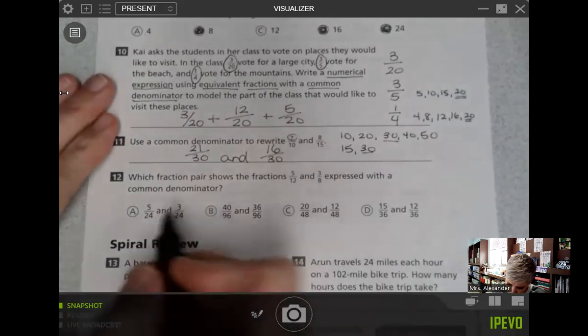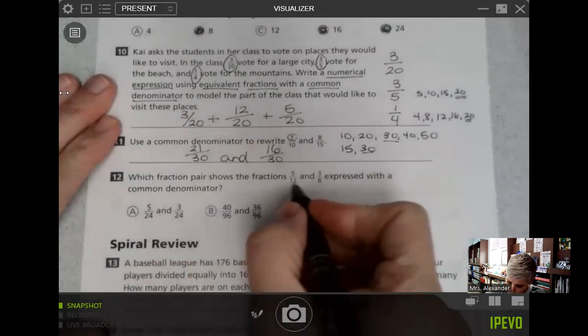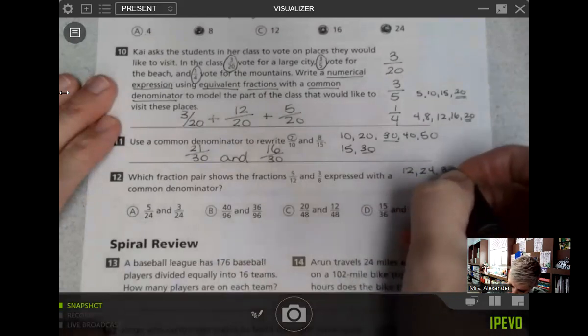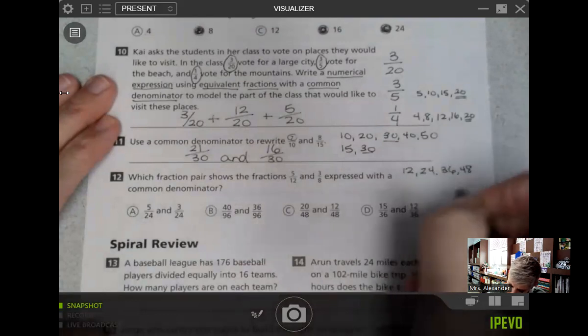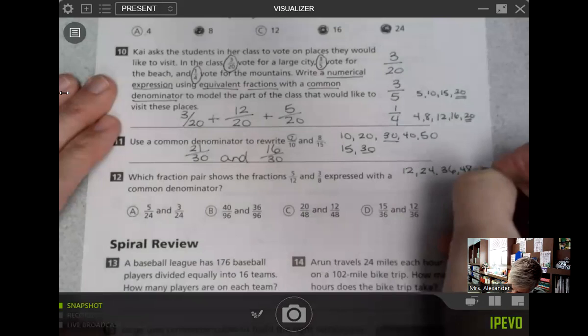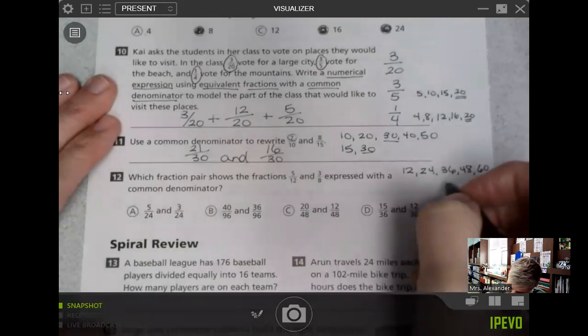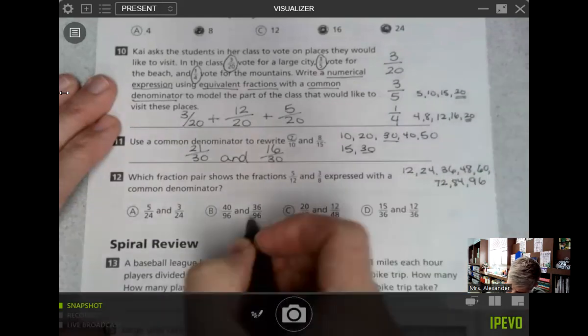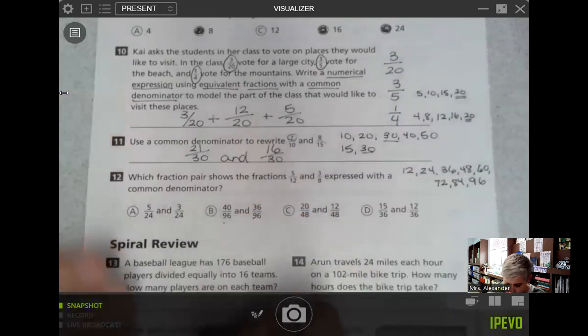Okay, so if I can do 24ths: 12, 24, 36, 48. Oh, it goes higher. 48, 60, 72, 84, 96. I'm going to stop there because I had 96. Oh, now the 8s all the way to 96.